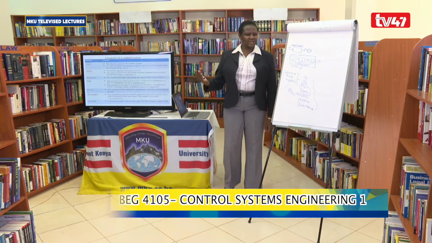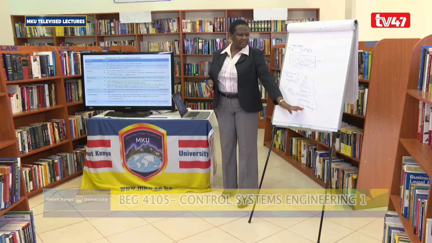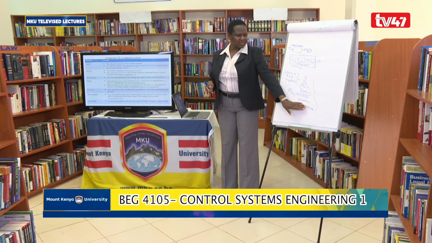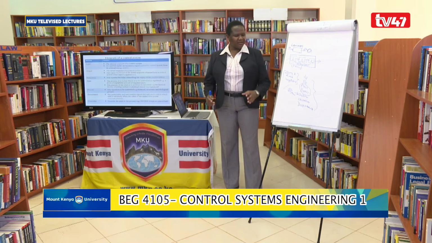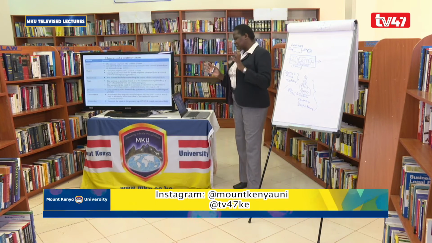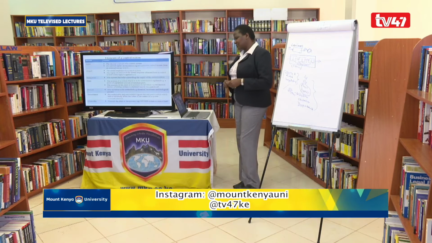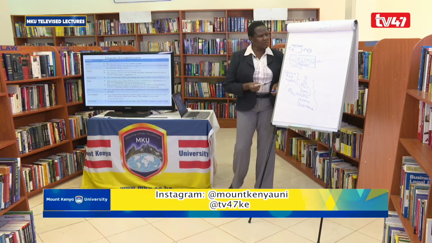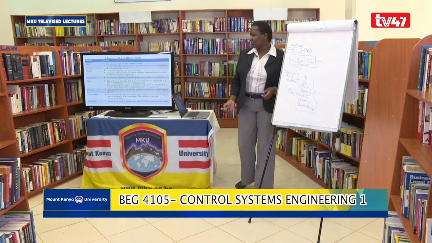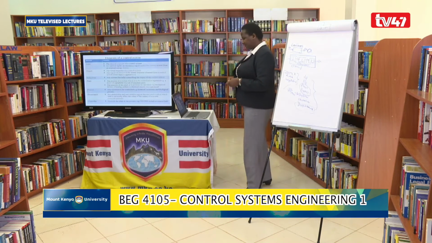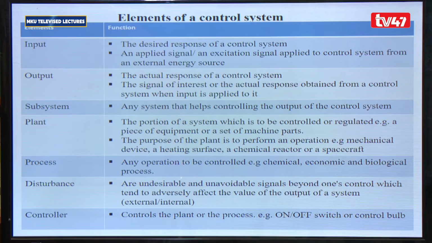Maybe you are trying to measure something outside the lab, then all of a sudden you have a strong wind that destroys your arrangement. We call it disturbance. Or maybe a very strong vibration, something like that. These are things that are undesirable and you cannot avoid them. So when you are designing your control system, you must take care of these. You give it an allowance of plus or minus an error. Then the controller controls the plant or the process.